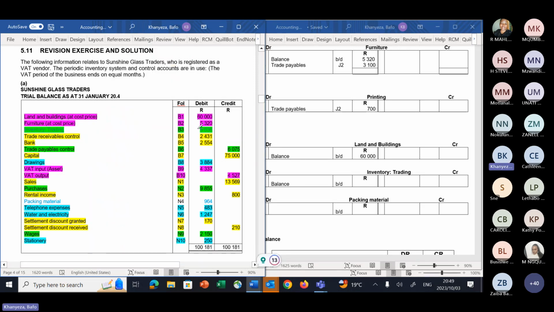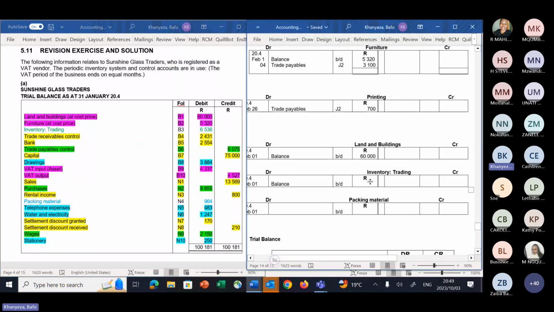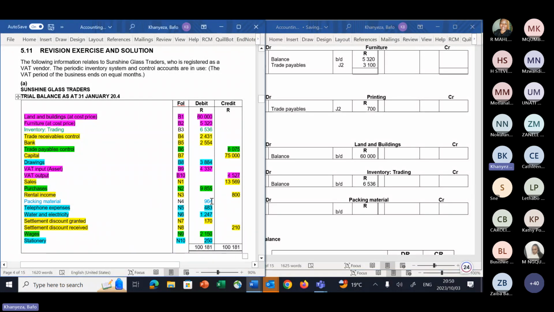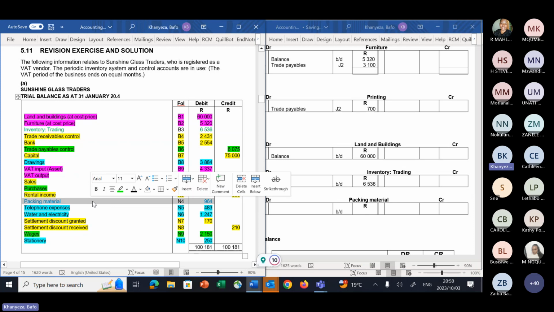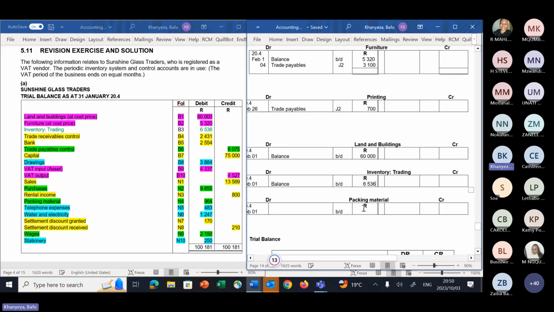You can see it's one that I'm trying to highlight. It's 6536. Inventory to trading inventory 6536. Then the last one that you haven't done is the packing material, which is 6964.